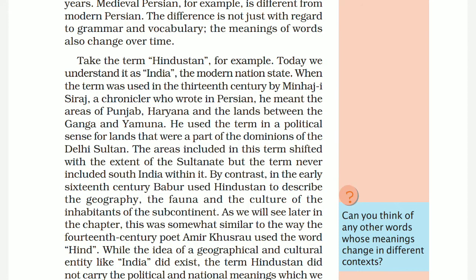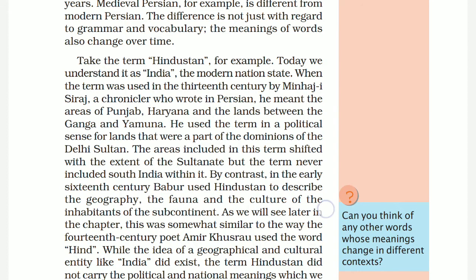The areas included in this term shifted with the extent of the Sultanate, but the term never included South India within it. By contrast, in the early 16th century, Babur used Hindustan to describe the geography, the fauna, and the culture of the inhabitants of the subcontinent. As we will see later in this chapter, this was somewhat similar to the way the 14th century poet Amir Khusro used the word Hind.